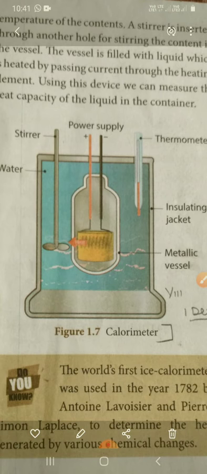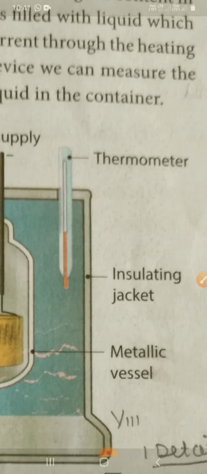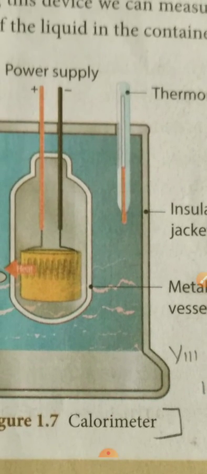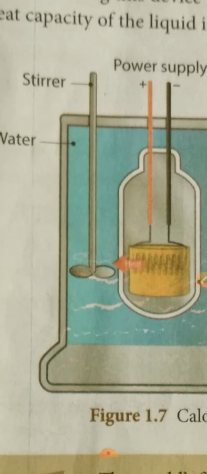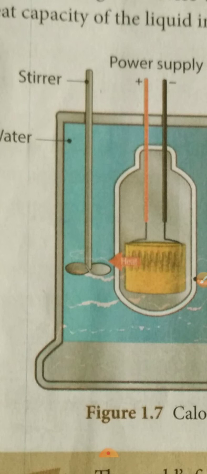So hope we are clear: a metallic vessel is kept in the insulating jacket, and this jacket prevents heat loss to the environment. There are two holes. One hole is for the thermometer, to measure the temperature of the content. In the next hole we add the stirrer.